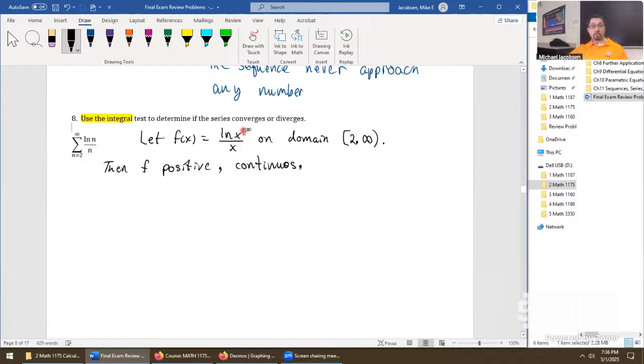And the natural logarithm grows exceptionally slow, much slower than the linear function. And so we can conclude and decreasing. And this is all valid on 2 to infinity. Let's just squeeze it in right there.